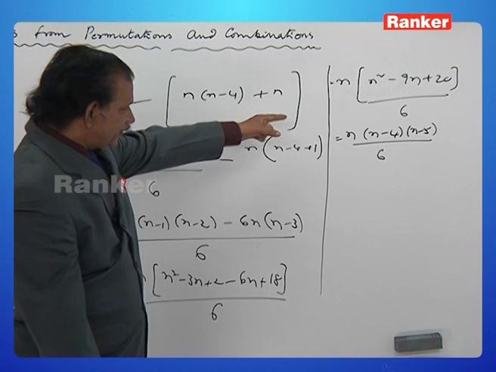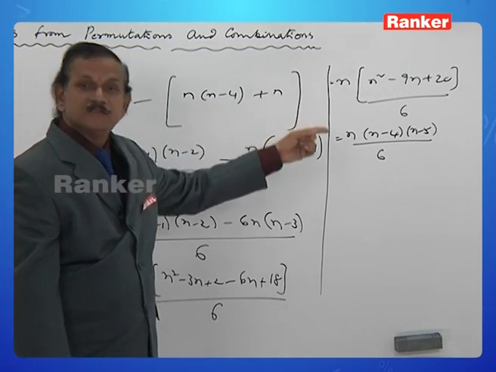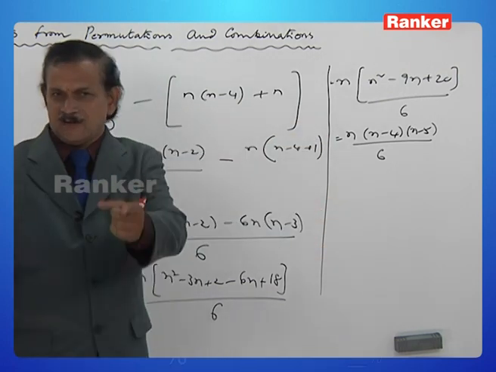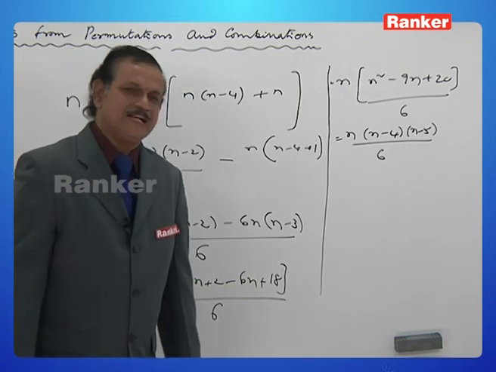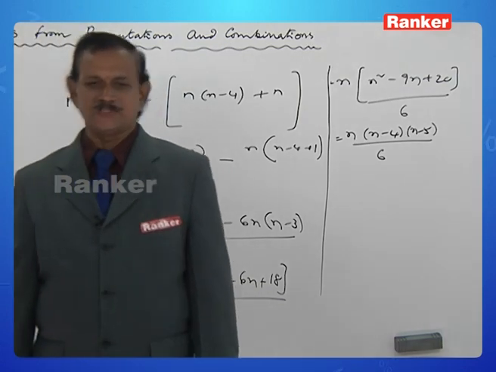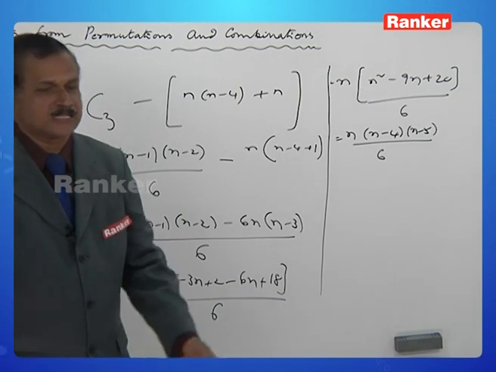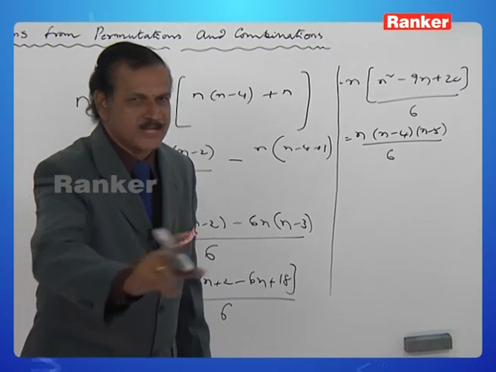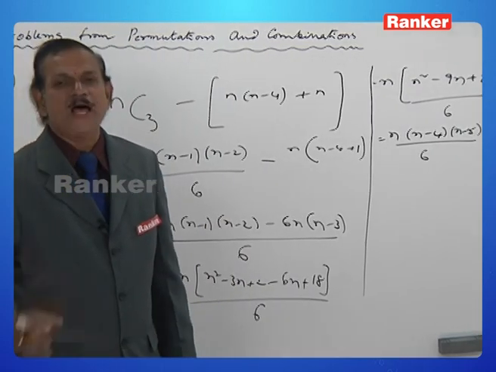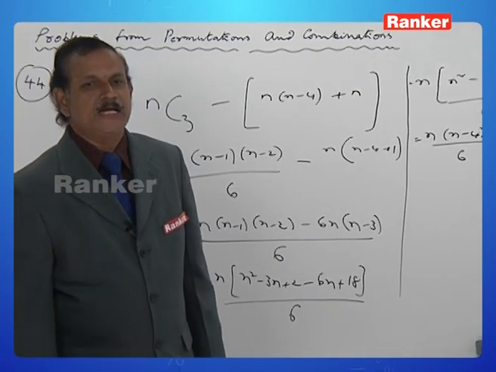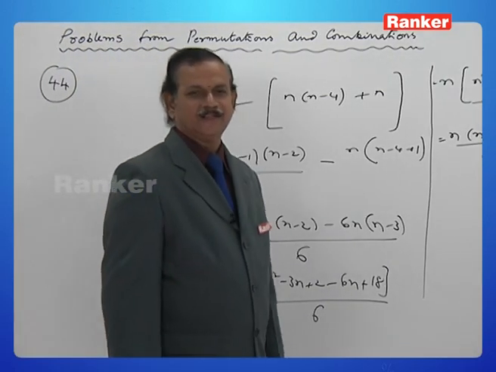That is n into n minus 4 into n minus 5 by 6. But in the fourth option, he has said that the number of such triangles is n into n minus 4 into n minus 6 by 6. There lies the mistake. That is why the fourth option, that is option D, is wrong there.